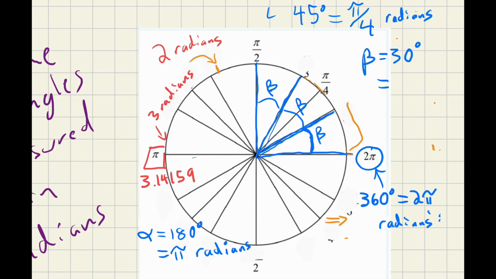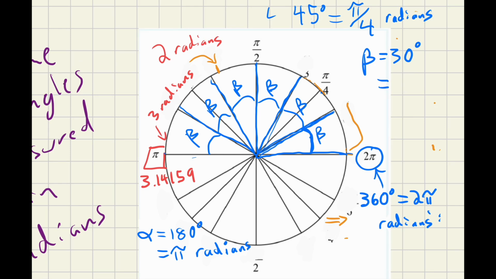Well, you could find it in a lot of ways. I'm going to do it what I think is the easiest way. There are 3 betas in 1/4 of the circle. There are going to be 3 more betas in the other quarter of the circle. So in half the circle, there are 6 betas. Basically, this angle is splitting half the circle up into 6 equal parts.